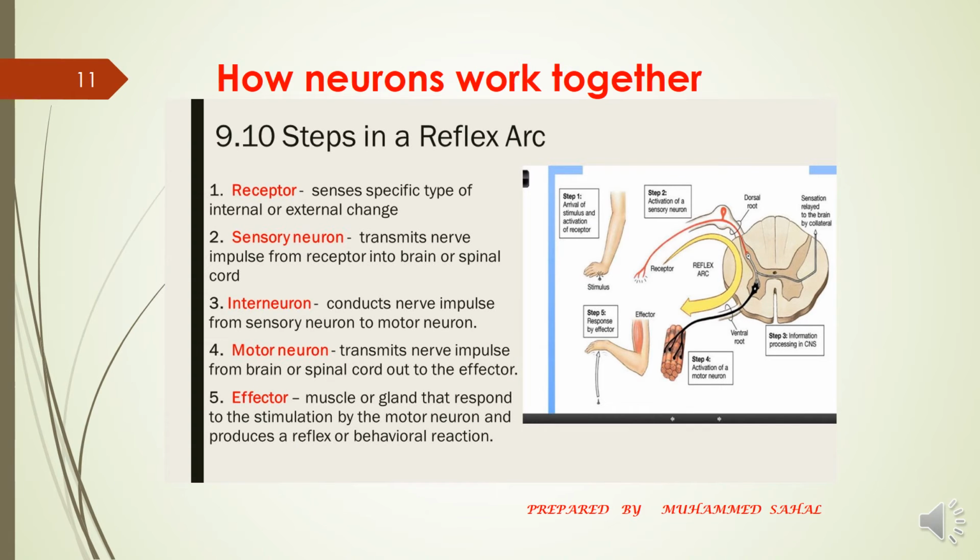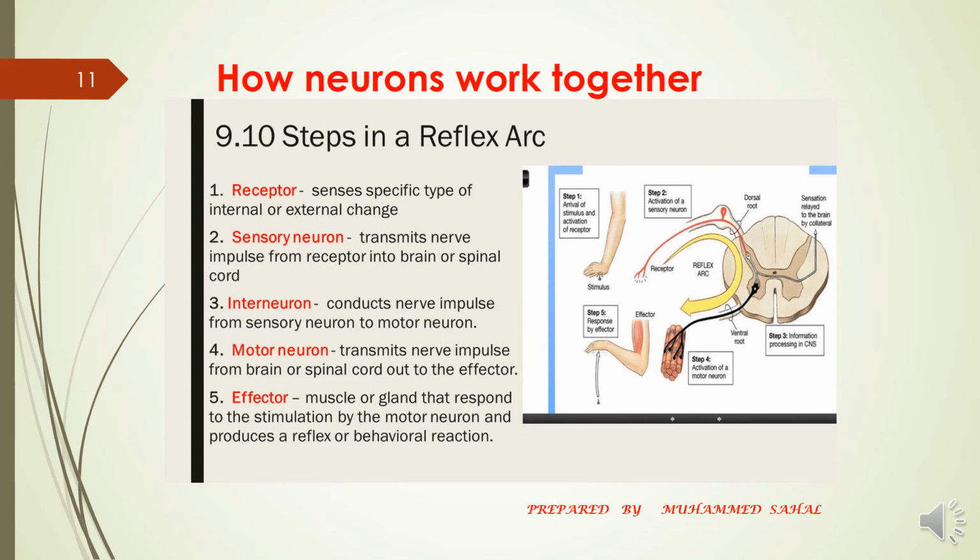How do neurons work together? There are 5 steps in a reflex arc. Step 1, a receptor senses a specific type of internal or external change. Step 2, the sensory neuron transmits nerve impulses from the receptor into the brain or spinal cord.